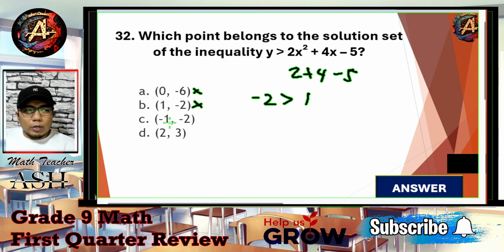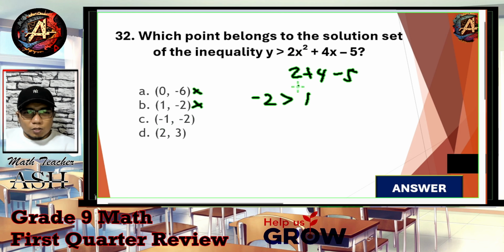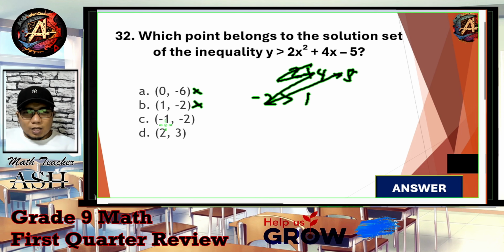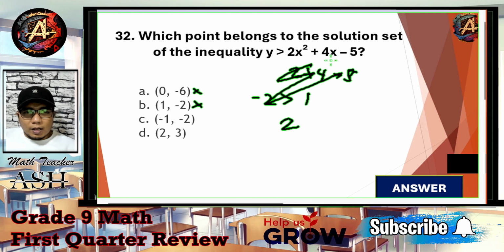Now, going to letter C, we substitute our x value, negative 1. Negative 1 squared, that would be positive 1 times 2, that is still positive 2. Now, 4 times negative 1, that would be negative 4.